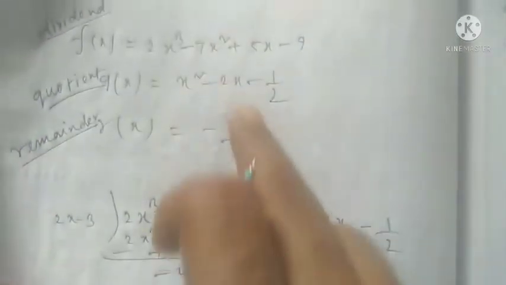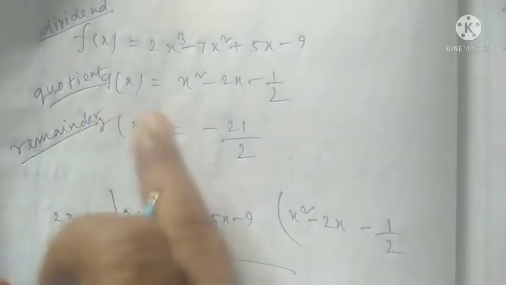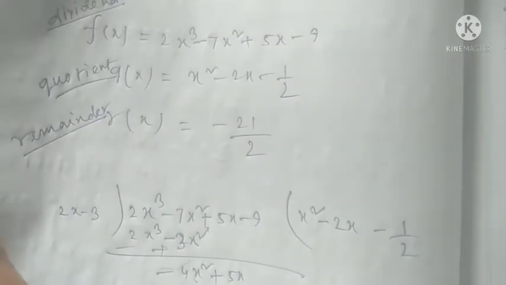So what is the formula, the theorem of the division algorithm? Here this is the divisor, this is the quotient, this is the remainder.